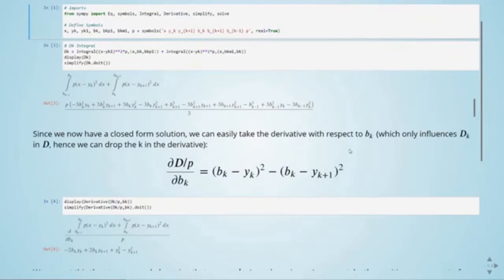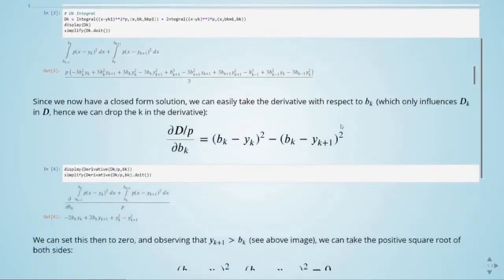What we need to do is take the derivative with respect to b of k, and the result is given by this equation here. So we take this result and take the derivative with respect to b of k, and we have this result. If we expand this, we end up with this, which is just solving the derivative with respect to b of k using SymPy.